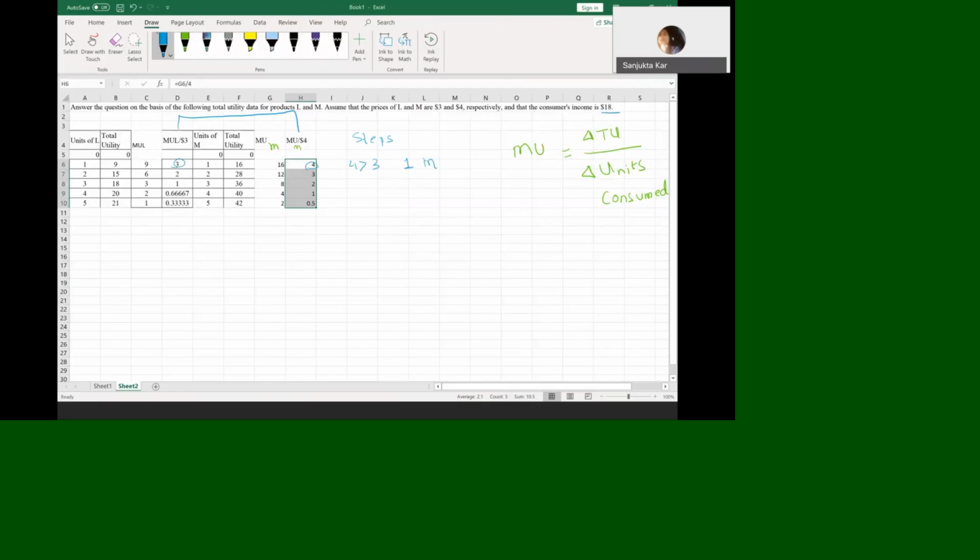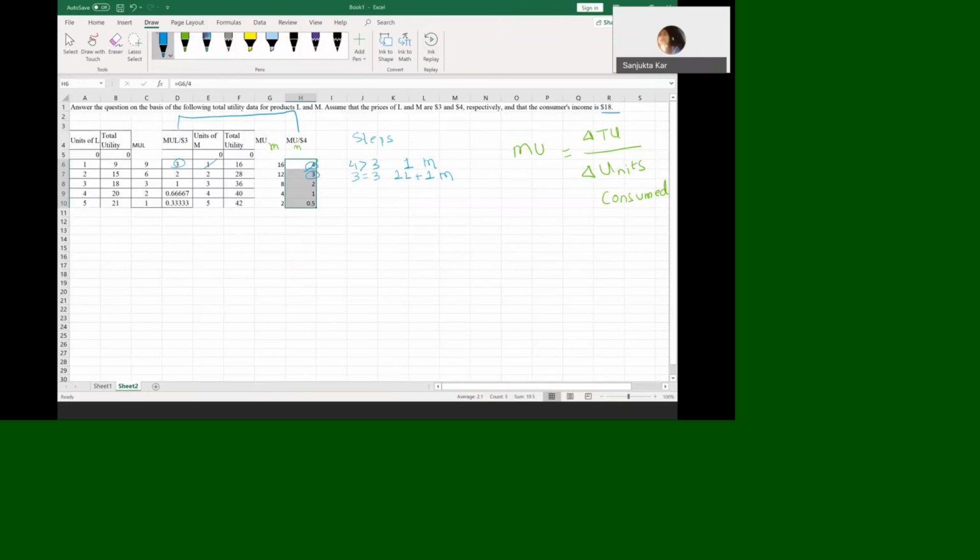Now I'm going to strike this thing out. Now we are comparing 3 to 3. These two are equal, so consumer will purchase 1 unit of L and 1 unit of M. I'm wondering if the consumer is going to spend all his money here.